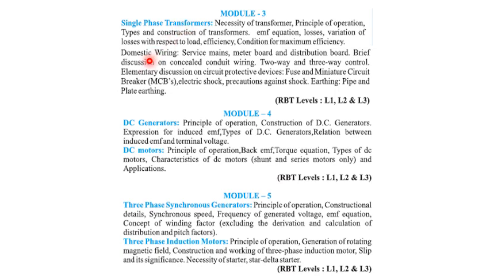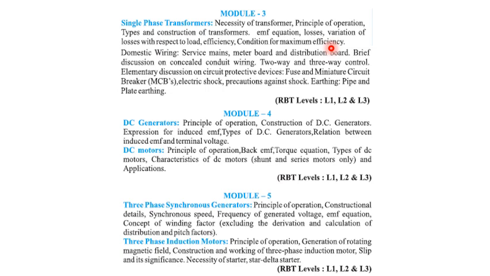In the first part it consists of necessity of transformer, principle of operation, types and construction of transformers, EMF equation, losses, variation of losses with respect to load, efficiency and condition for maximum efficiency of transformer you are going to study.